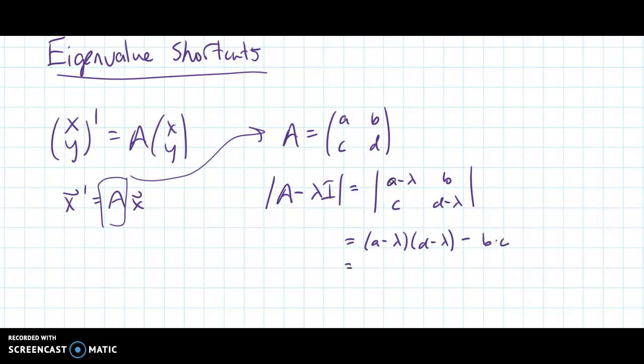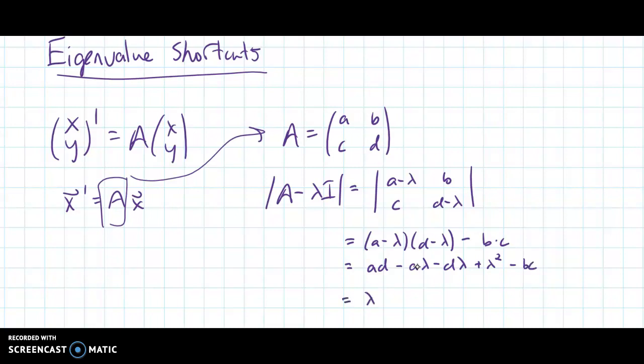Then if I FOIL this out, I get ad minus a lambda minus d lambda, that's the inner two, and then plus lambda squared minus bc.